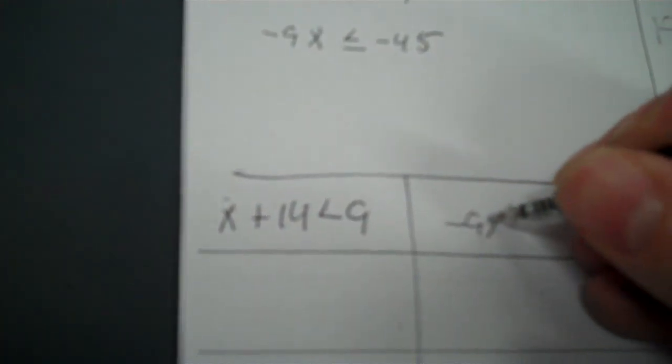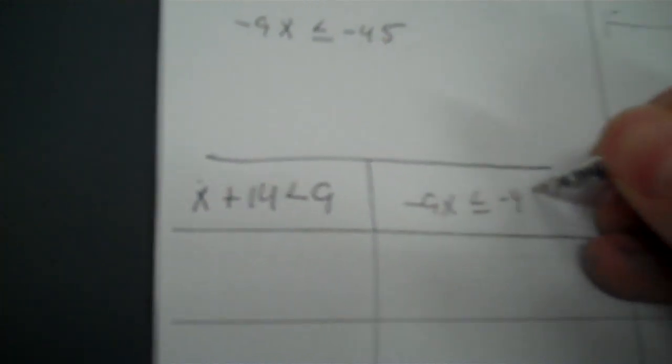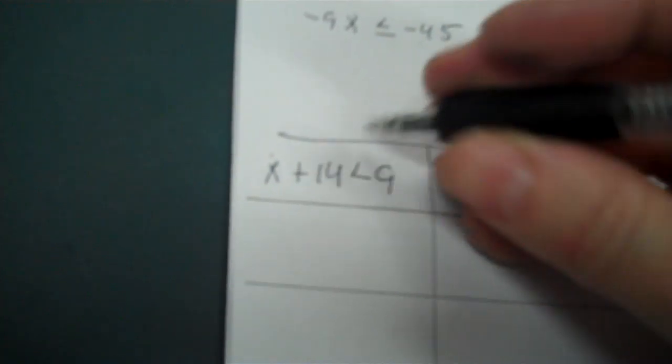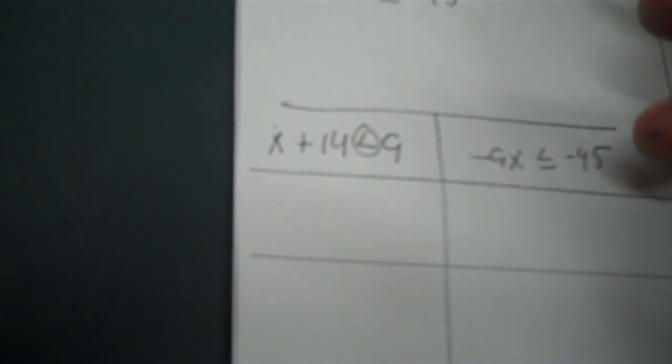Okay, my next one. 2 symbols means I'm going to make my number line, then I make my table. Okay, so on one side I go x plus 14, so 9, then negative 9x, negative 45. Okay, now you got x plus 14 on that side. There's no multiplying at all, okay?